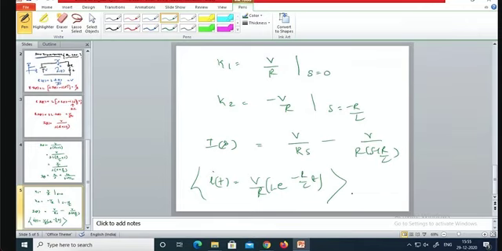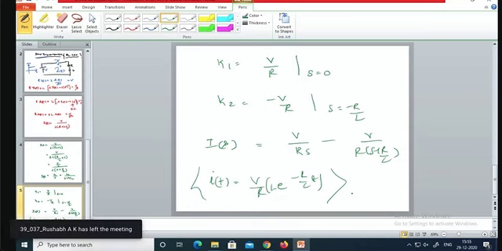I'm also restricting myself to the DC analysis and not the AC analysis. So the AC analysis remains same, but you will have different expressions. Okay, so what we have done in the initial conditions chapter.